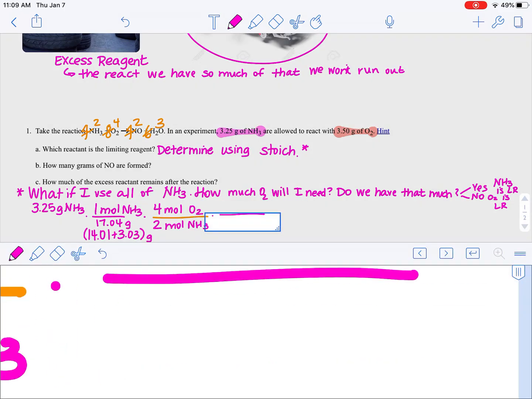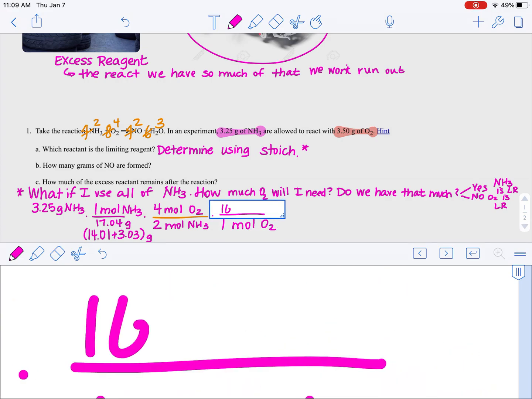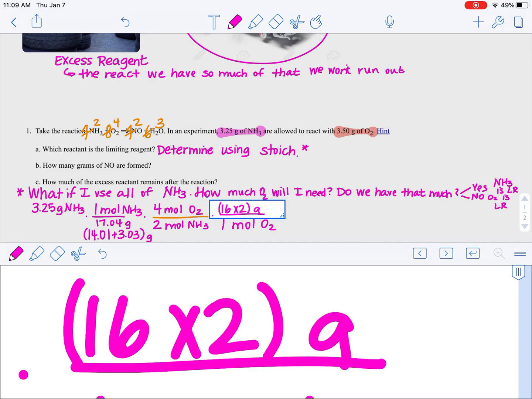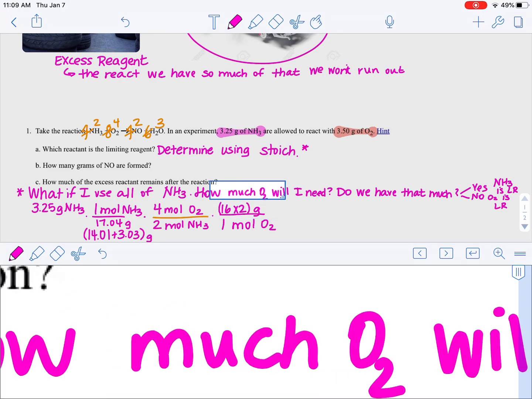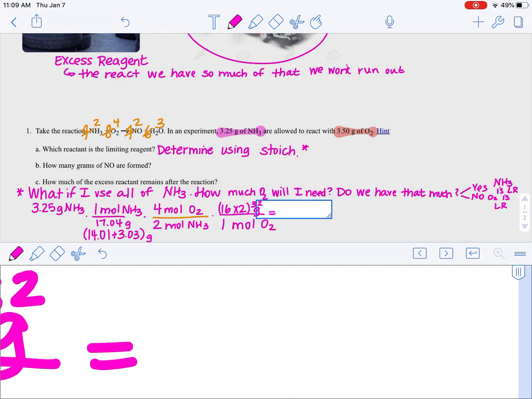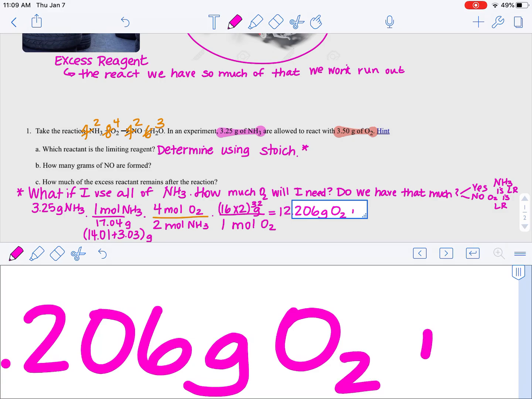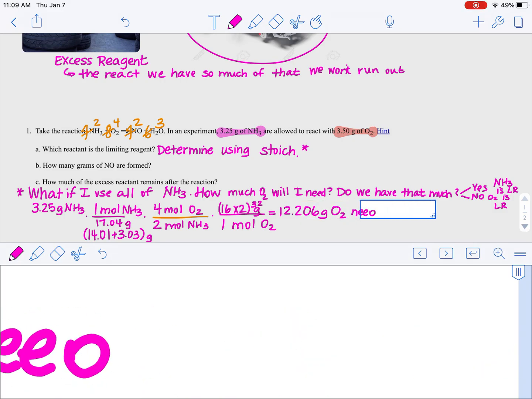Now that I've got moles of oxygen, I'm going to convert the moles of oxygen into grams of oxygen using the molar mass. And I have 12.206 grams of oxygen needed.